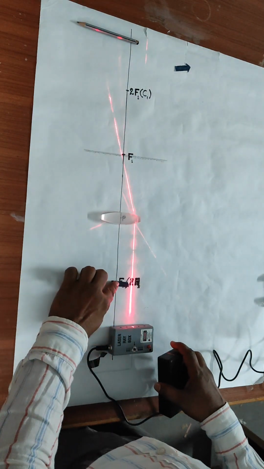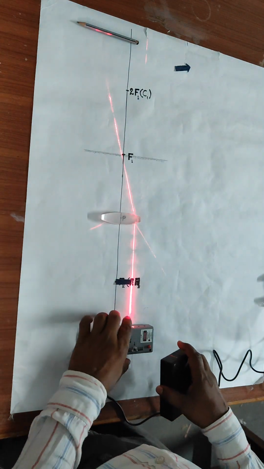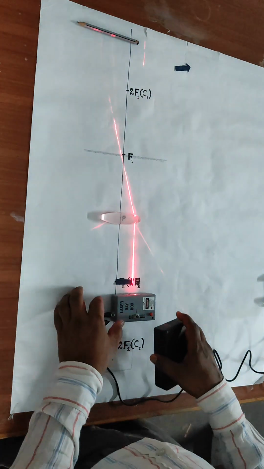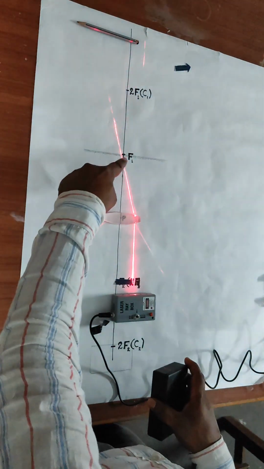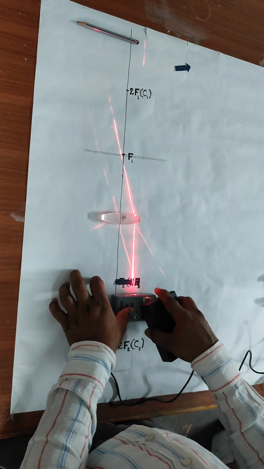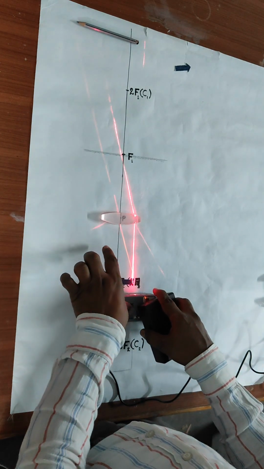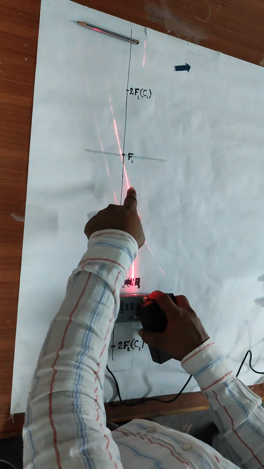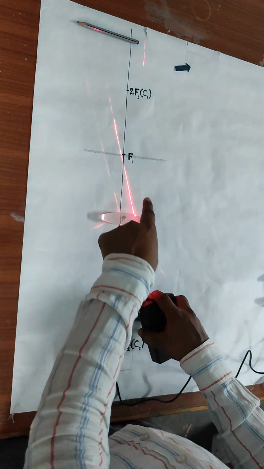Now let us place the object at F. This is the first ray passing through the focal point, and the second ray is moving from the object to the optic center. You observe here, after refraction, these two refracted rays are parallel to each other. They are parallel.